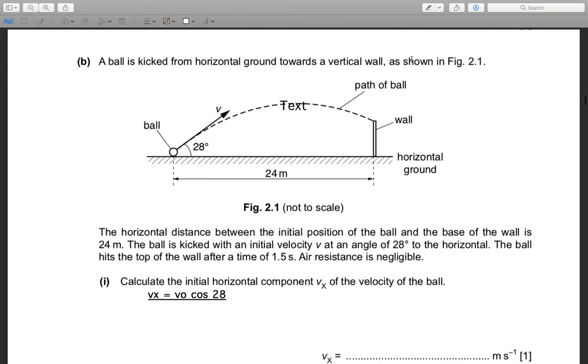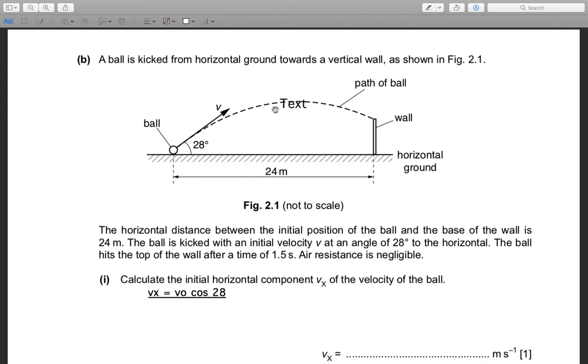Question B: a ball is kicked from horizontal ground toward a vertical wall, as shown in figure 2.1. This is the ball with an elevation angle of 28 degrees. This is the path of the ball until the wall.